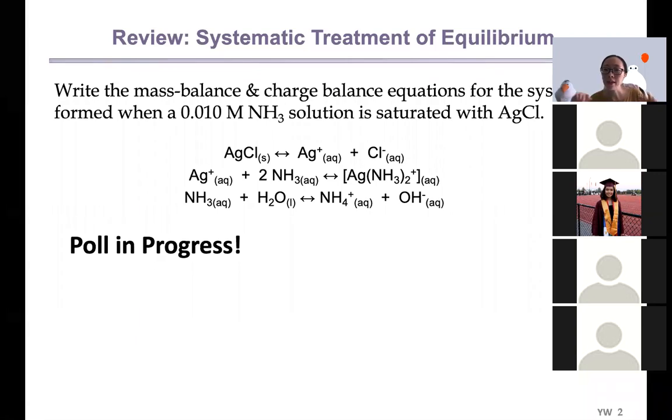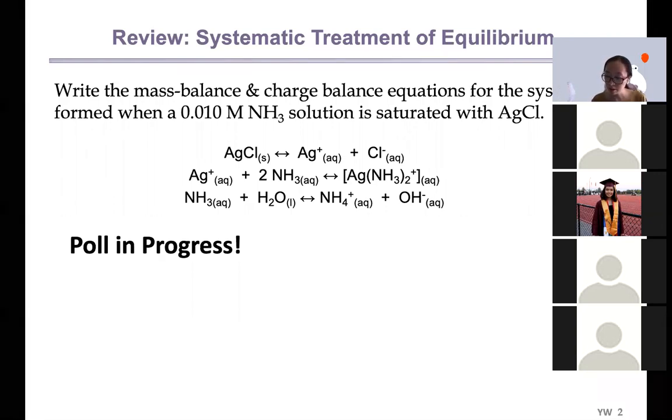Okay, so at the end of the last lecture, I left you guys a question, right? Can you write the mass balance and charge balance equations for the following system, which has 0.01 molarity of ammonia that is saturated with silver chloride compound?